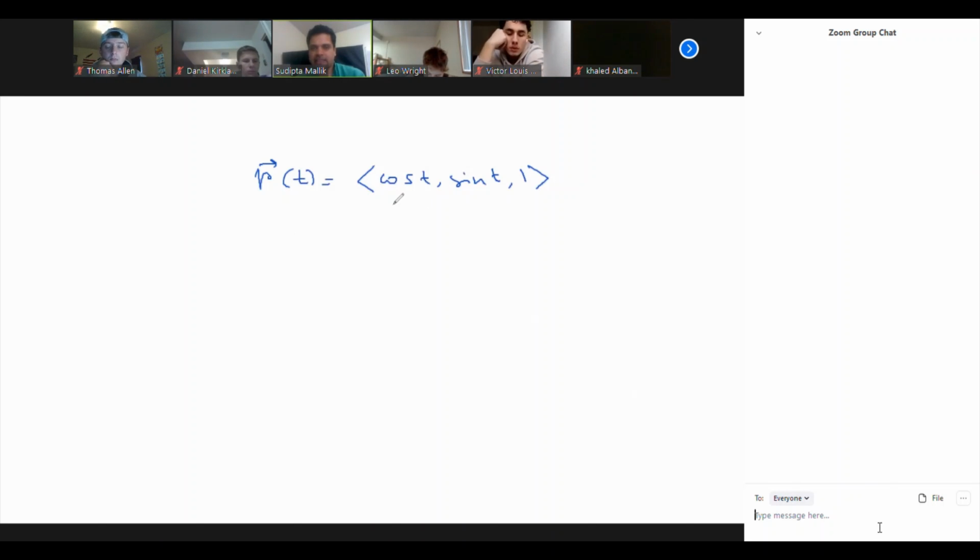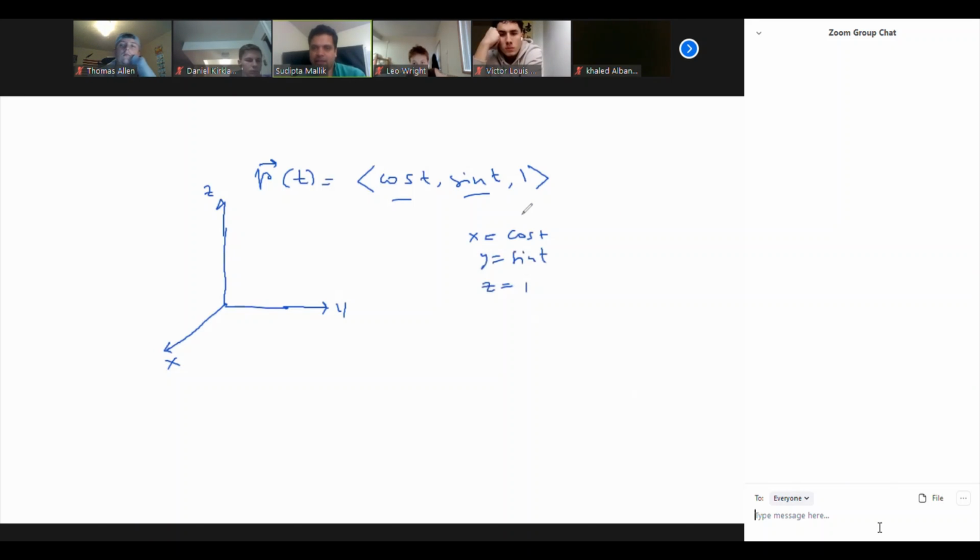So do you see that x is cosine t, y is sine t, and z is a fixed value, right? This parametric equation would be x is cosine t, y is sine t, and z is 1. And t can be any value, but this is a trigonometric function, so t can be from 0 to 2 pi. Okay, so this is the domain, but t can be anything.